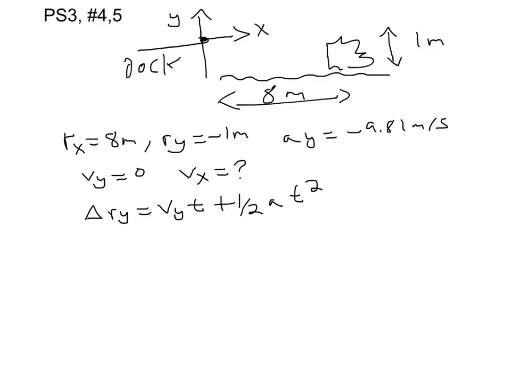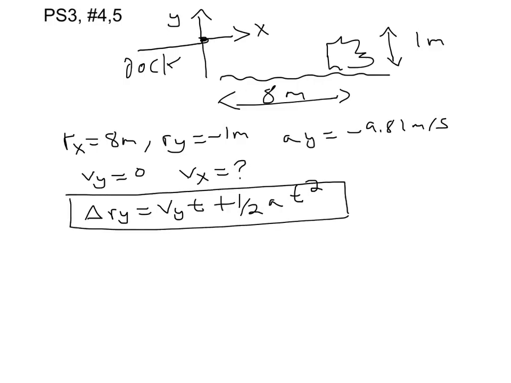This is our basic equation to describe position, velocity and acceleration in the vertical direction. We know the displacement, the initial vertical velocity, and the acceleration, so we can solve for time. And by solving for the time, we can then back calculate the horizontal velocity.